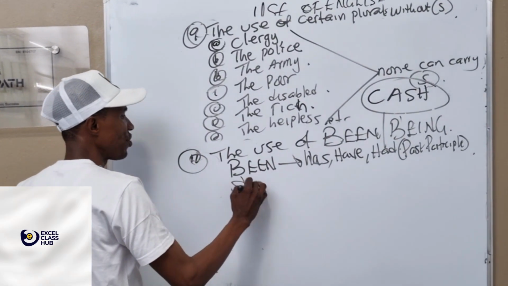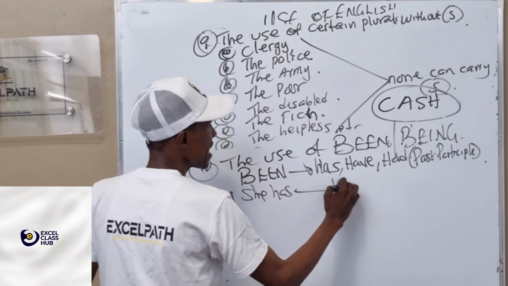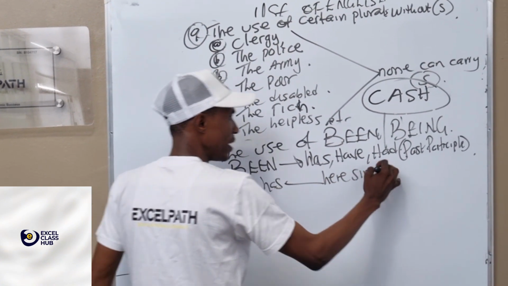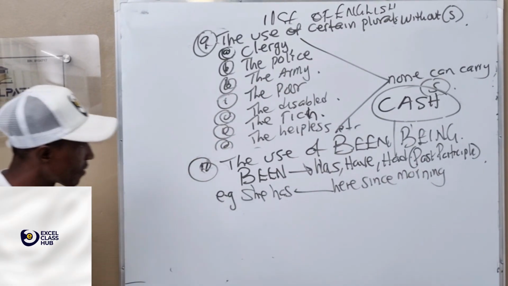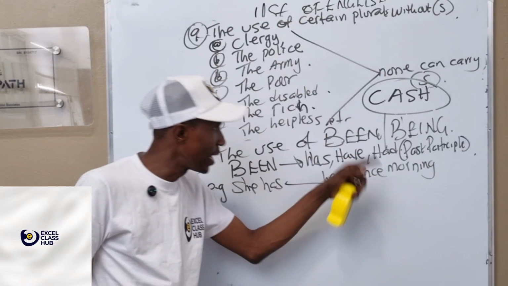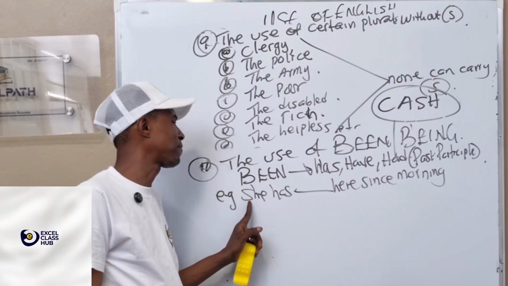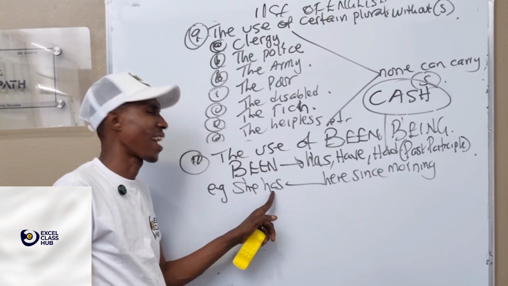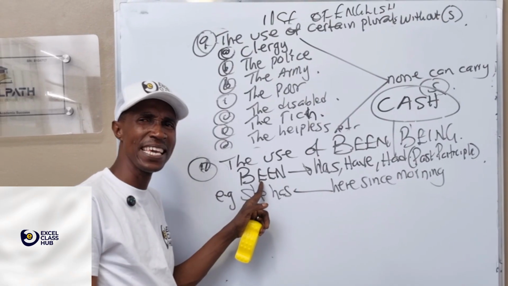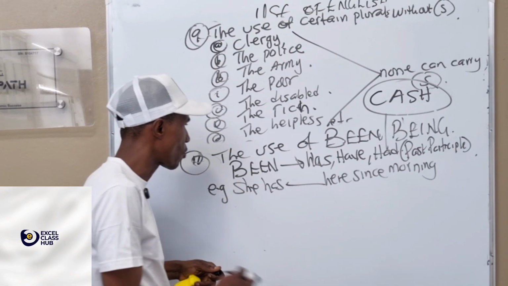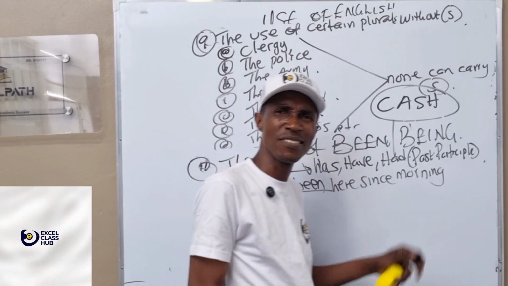Take for instance, she, now. She has been here since morning. And you are asked to put either been or being. For the fact that after she, you have what? Has. Automatically, you have to make use of BEEN, which connotes that you have to say: she has been here since morning.